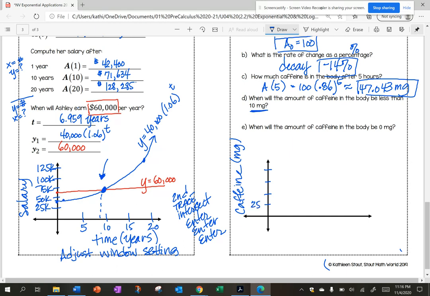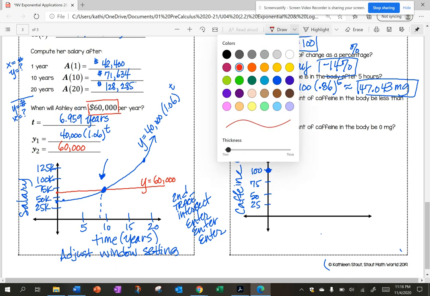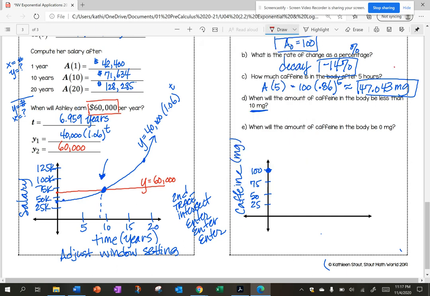I know this is a decay, so exponential decay always approaches the x-axis. So I know I'm starting out at 100, and I'm looking for specifically what amount? 10 milligrams.